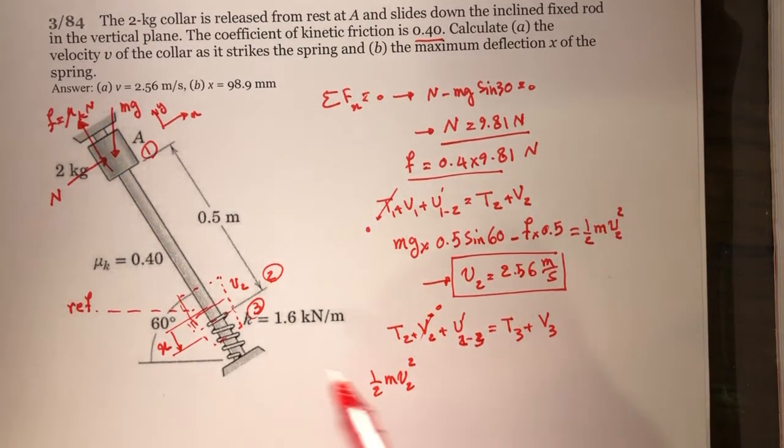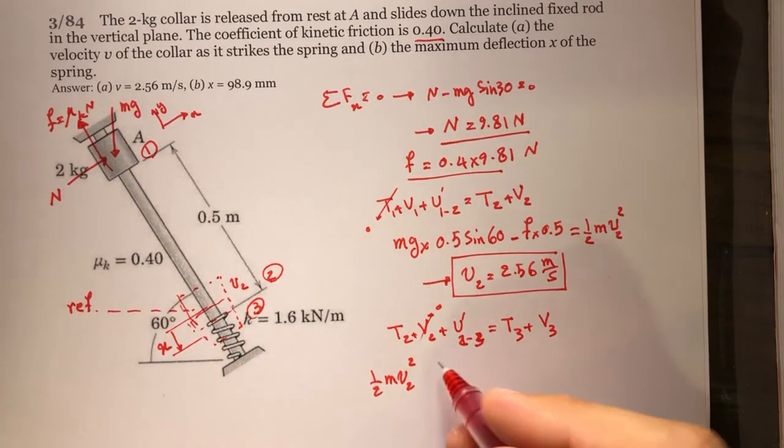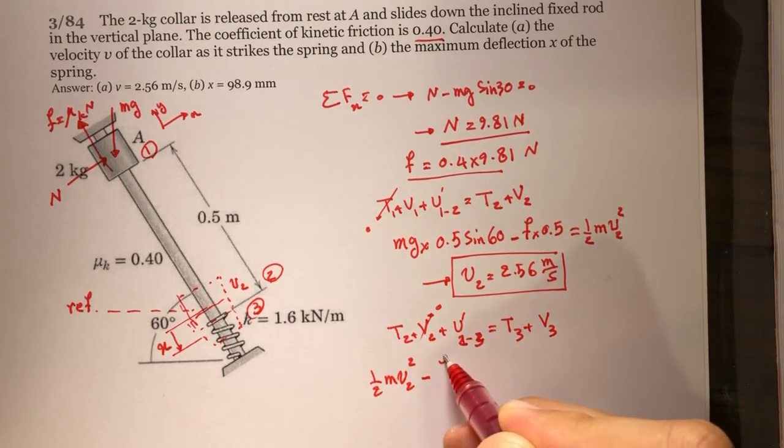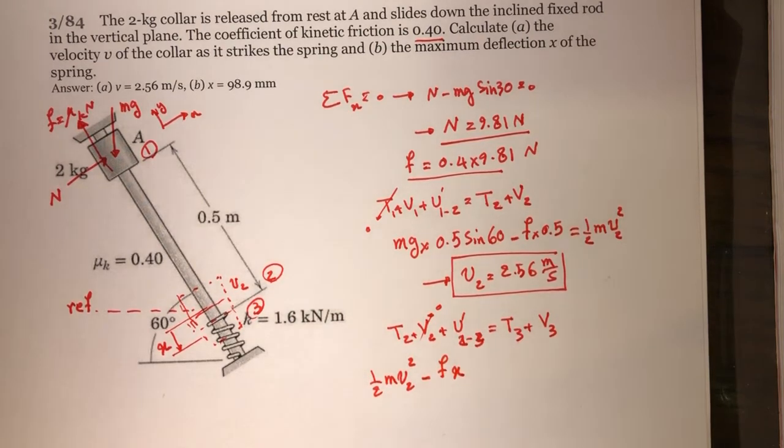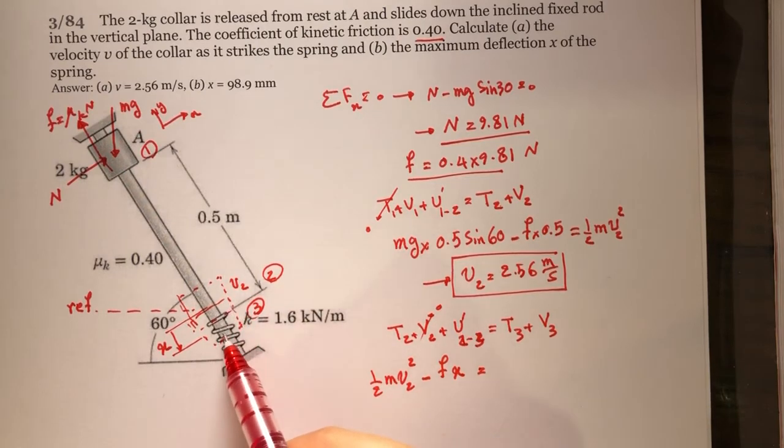For U prime from 2 to 3, we still have that friction, and also that normal force. The normal force doesn't do any work, but the friction is going to do more work, right? So we need to multiply that friction by x, and the work is going to be negative. So minus friction force times x. It's going to be equal to T3. At the end, there is no velocity because it is at maximum compression. It means the mass is going to stop there for a moment before starting to go back.